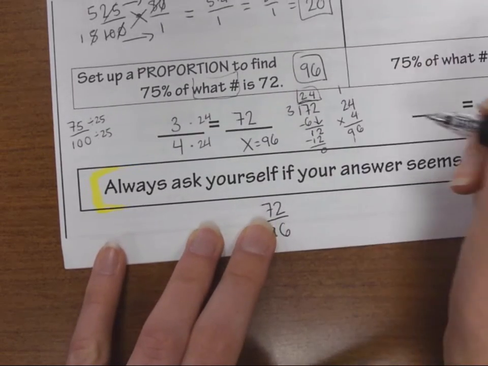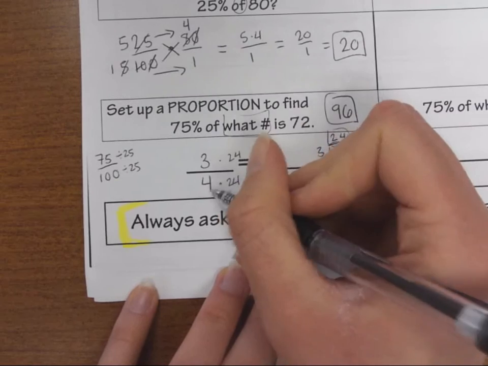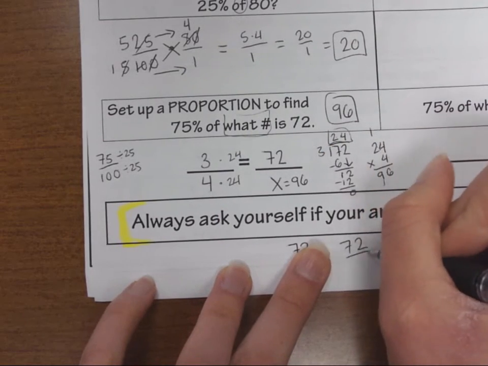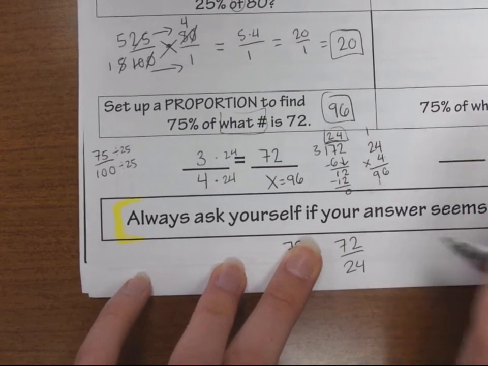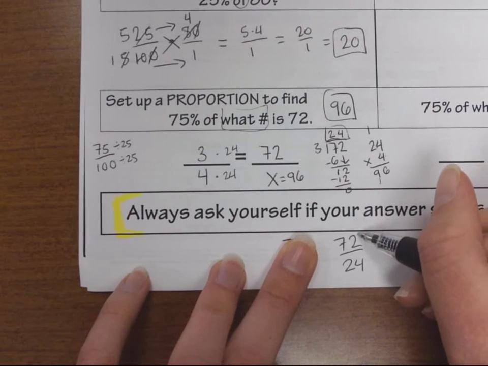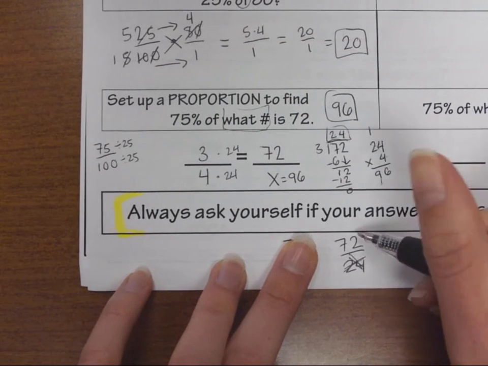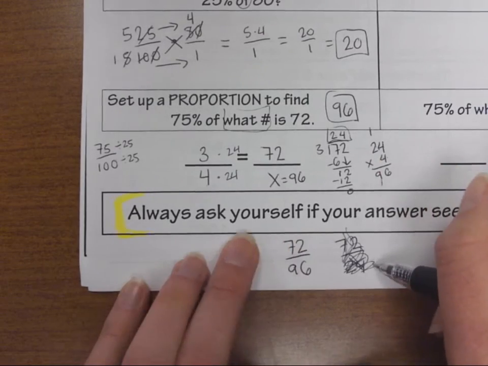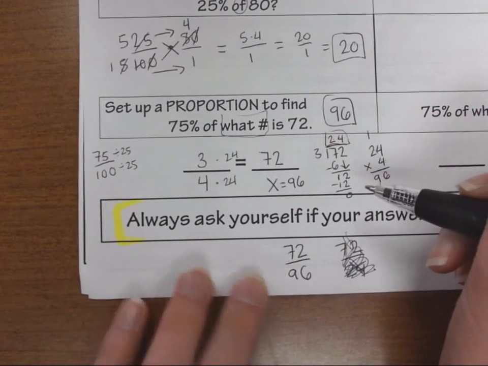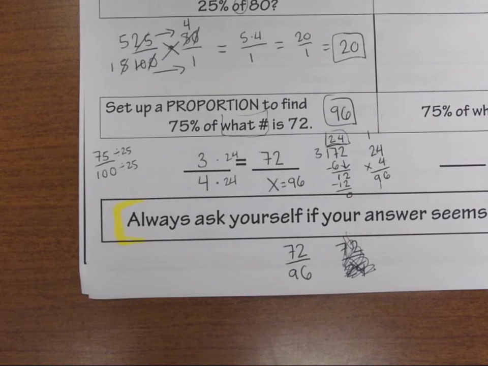What if I had accidentally left a 1 here, and I got 72 over 24 instead? Let's pretend that's what I got. Would that make sense? Could that simplify to 3/4? No, because that one's too small. So I would know that I messed up somewhere. I would go back and I would try it again. So always check your numbers and see if they seem reasonable, if they make sense.